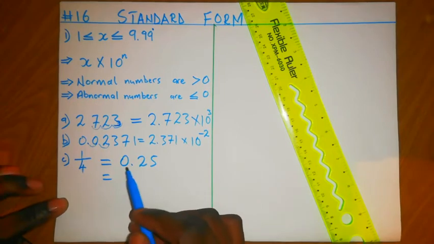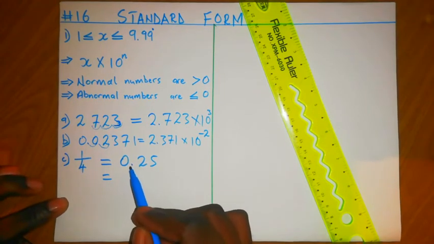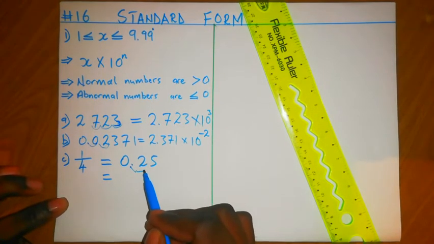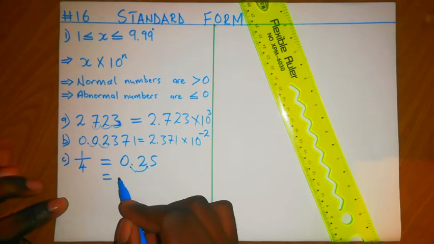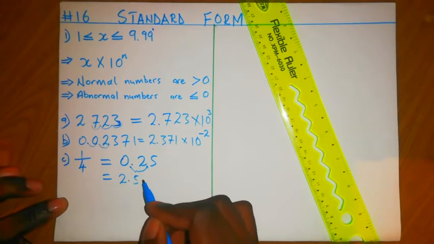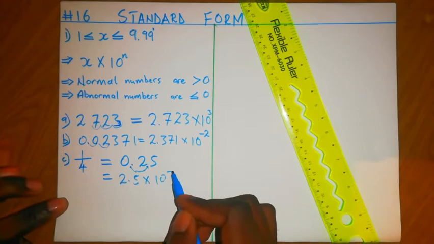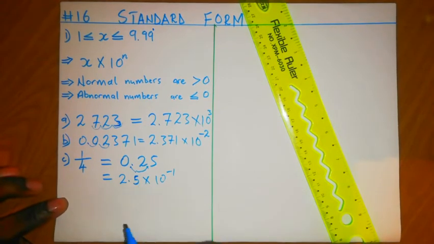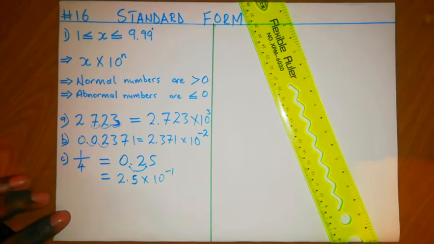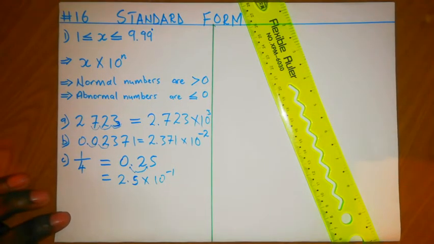So I'm going to move my decimal point 1 time. It's equal to 2.5 times 10 to the power negative 1. Those are the basics of standard form.